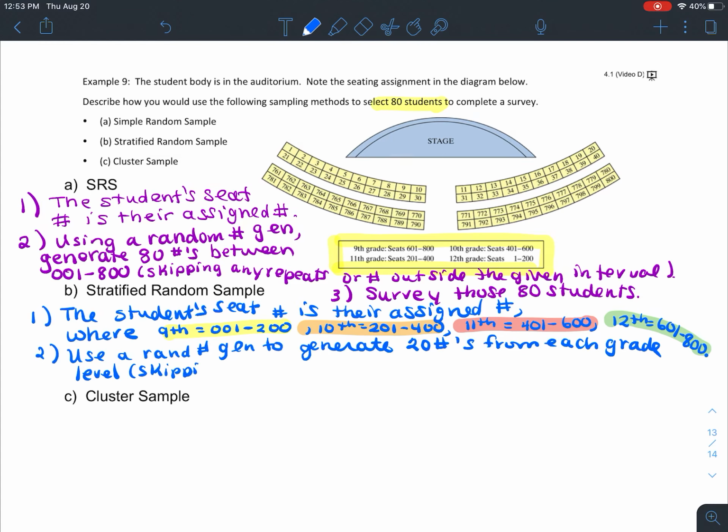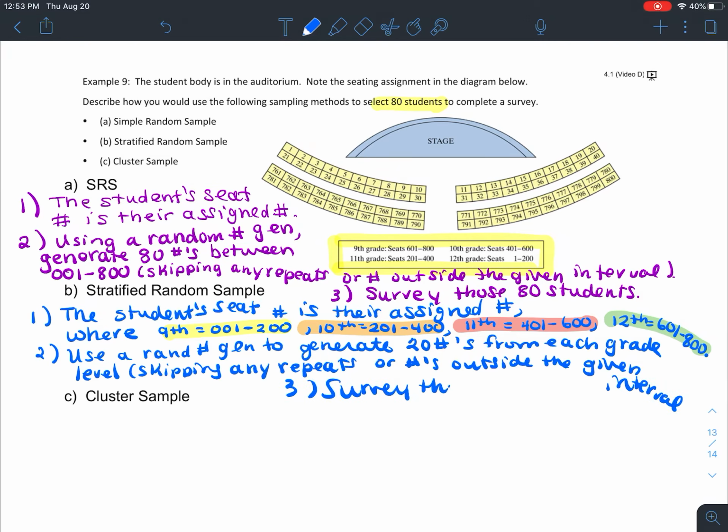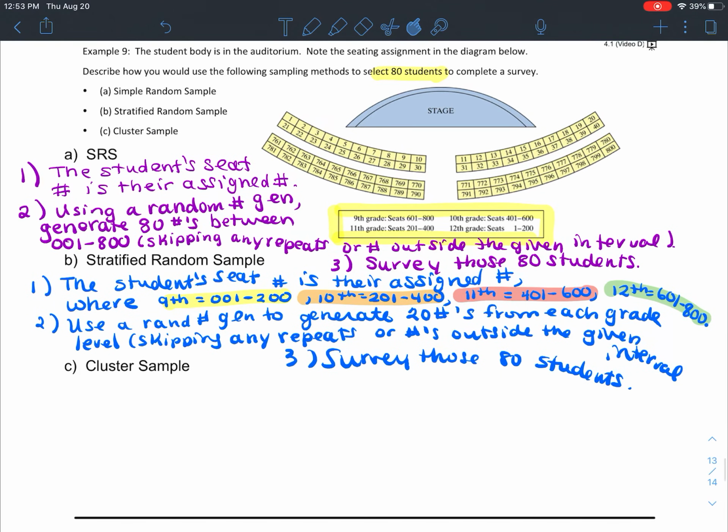But do say this, skipping any repeats or numbers outside the given interval. Okay, and then we end with survey those 80 students. Now let's see if we can tackle what this would look like if we were going to try to accomplish getting a sample of 80 students, but using the cluster sampling method.